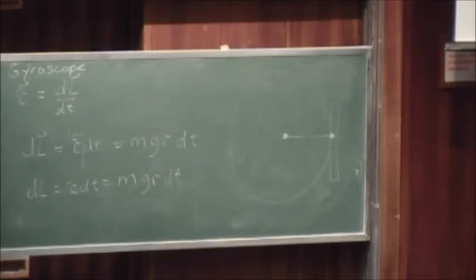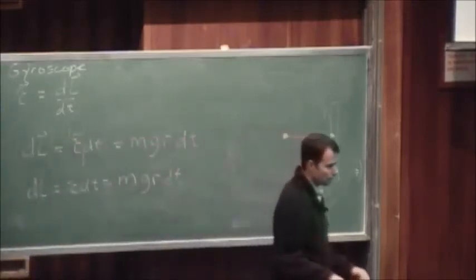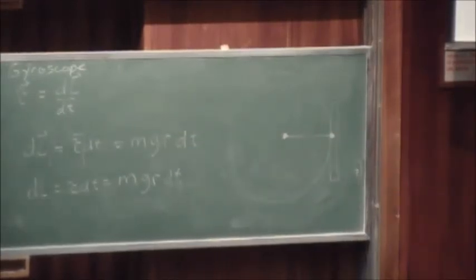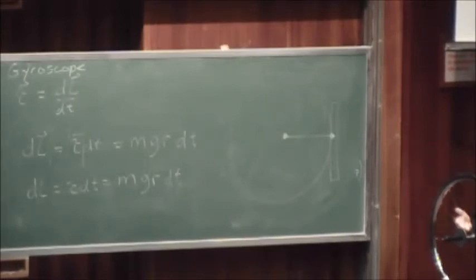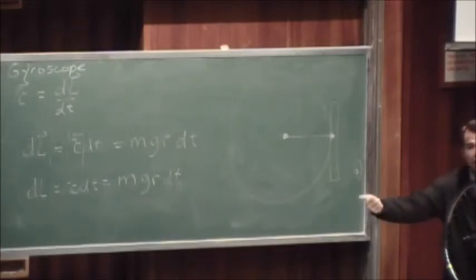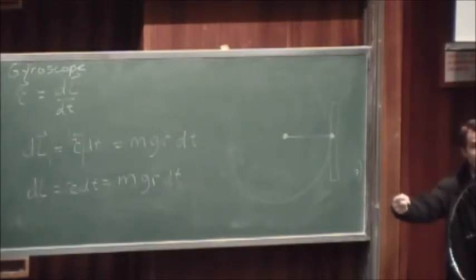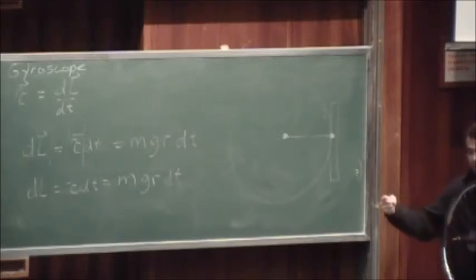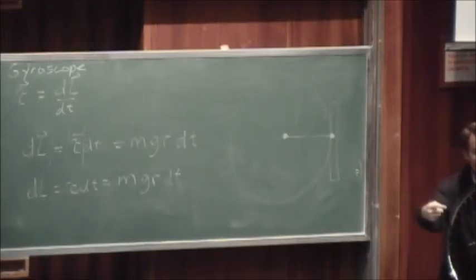Suppose I have some L here. Which direction is L for this spinning bicycle tire? Let's suppose it's spinning around like this, then L is this way. But which direction is dL, the change in the momentum? It's this direction, right? In the direction of the torque, because the torque is causing a change in angular momentum that's going this direction.